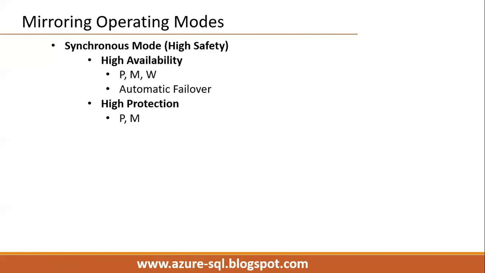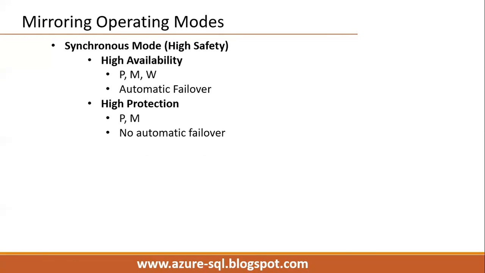So we have only principal and mirror. That's why, remember, if the witness is down unexpectedly, it will change to high protection mode. In high protection mode there is no data loss, but no automatic failover.